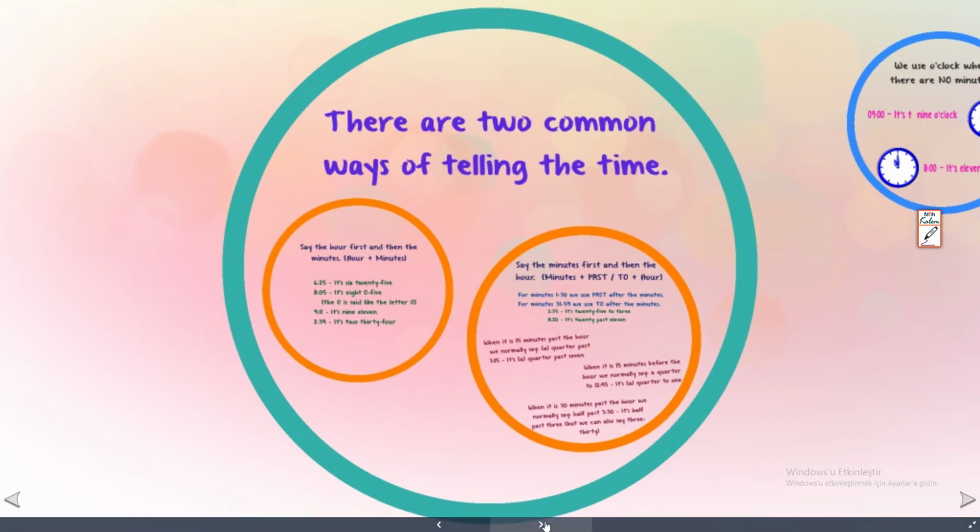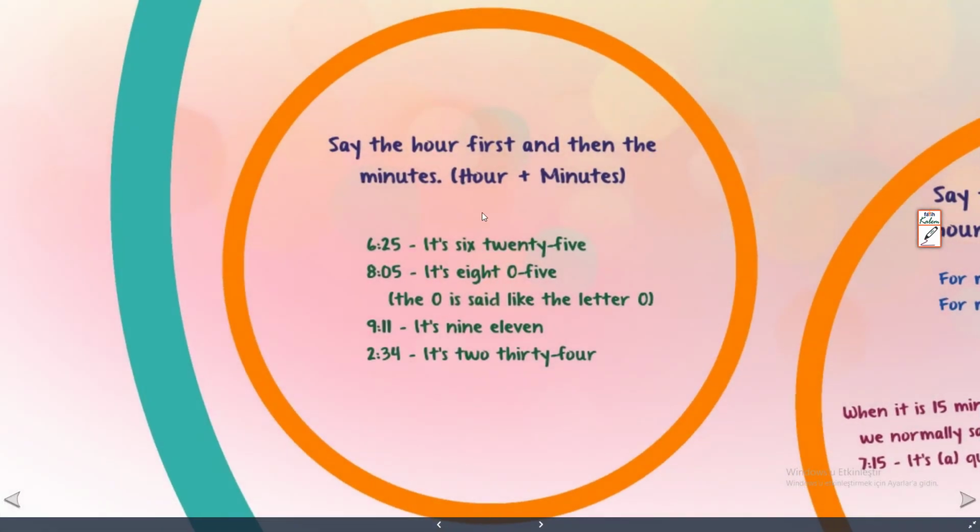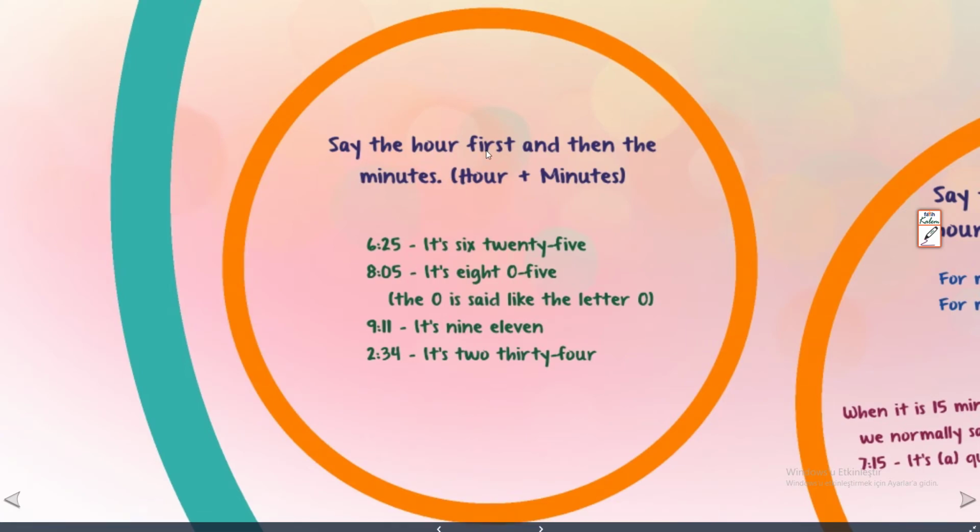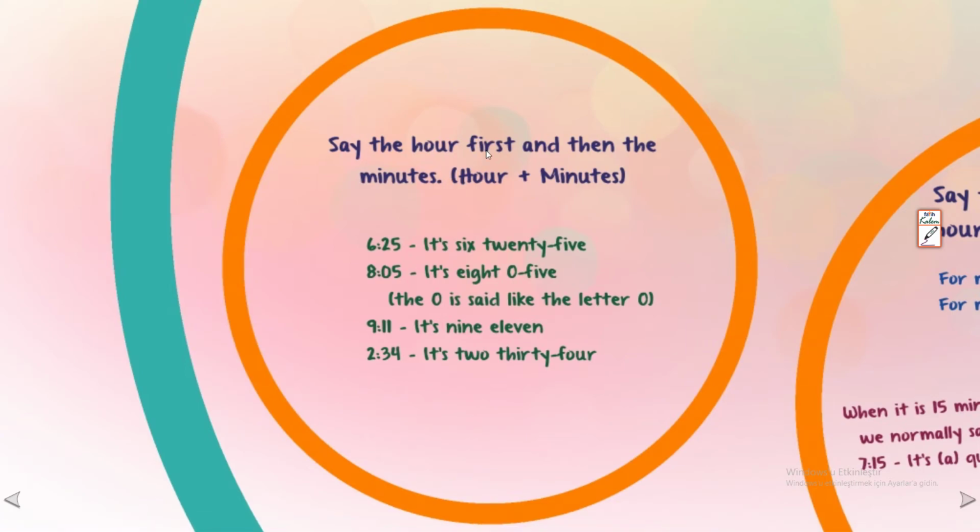Yes, say the hour first and then the minutes. We should say the hour first and then the minutes. For example, it is 6:25. 8:05, it is 8:05.